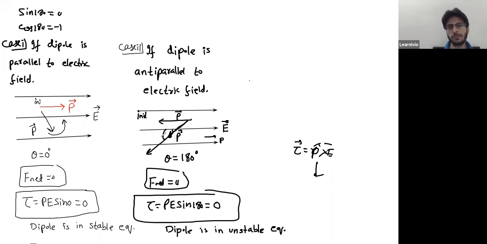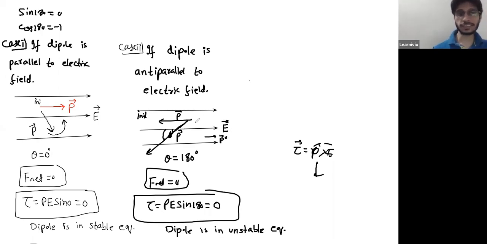This is P. So a torque will act on the dipole, and this torque will try to align the dipole moment P along the field, in the direction of the field.